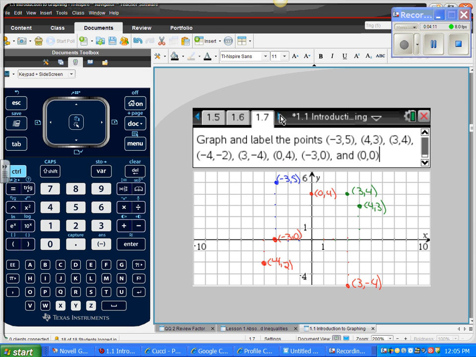And 0, 0, of course, is what we call the origin. It's right there at the center. Over 0, up 0. Okay, so that should have all been reviewed. No big deal there. You should all know how to plot points, and we're going to move on.